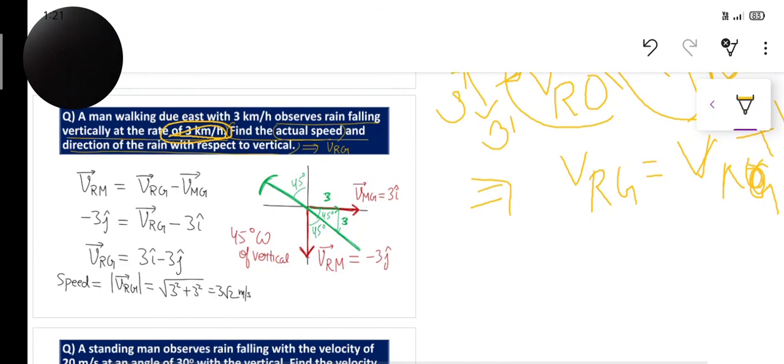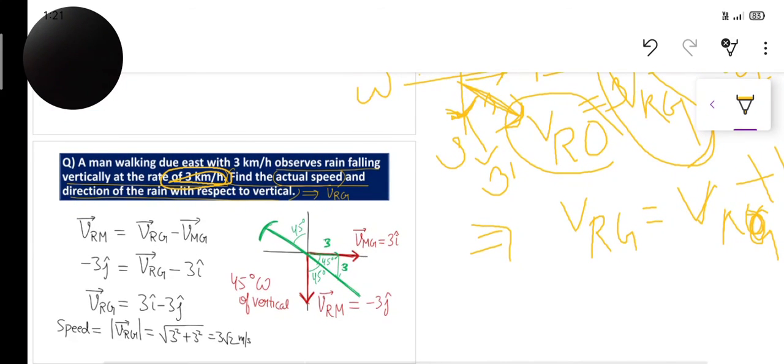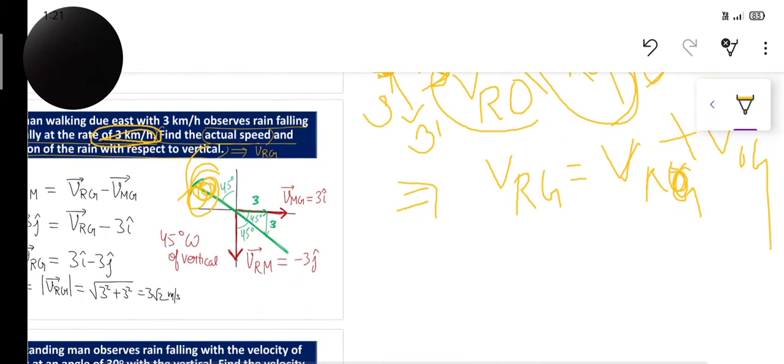Okay, here it is, look, the answer is like this. No, this is not the velocity of rain, this is that of the umbrella. The actual velocity of rain is plus, therefore we are going to solve like this.